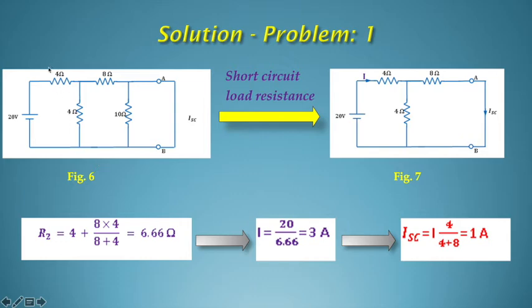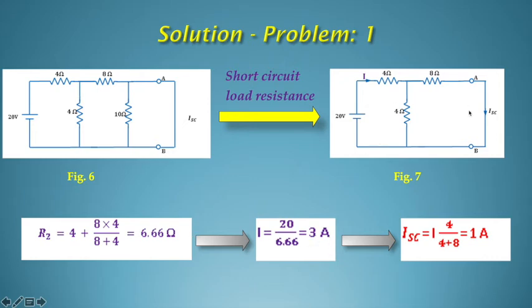And this 4 ohm resistance is in series with it. So the total equivalent resistance is 4 plus 8 into 4 divided by 8 plus 4, which gives 6.66 ohm. Then the total current I equals 20 volts divided by 6.66 ohm, so we get 3 ampere.